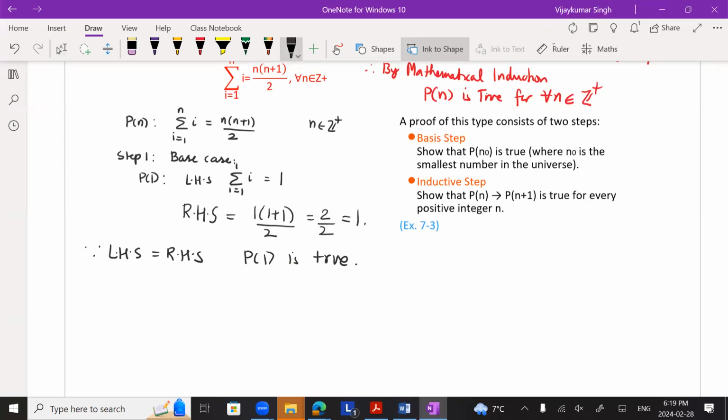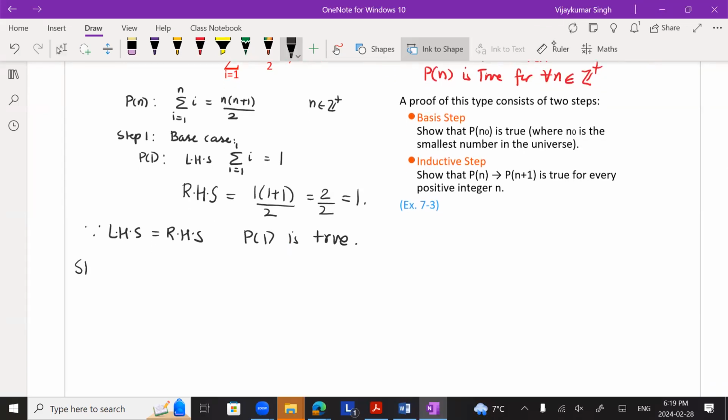Okay. Now, next step is step 2, the induction hypothesis. So what we do here is we basically assume P(k) is true.